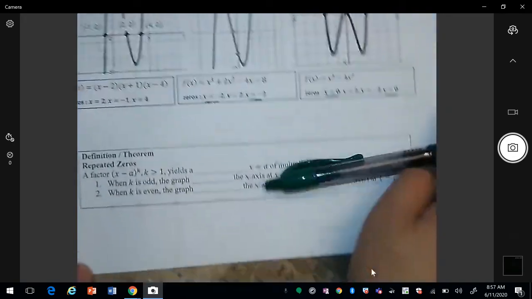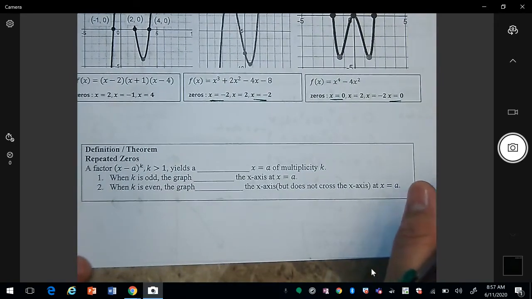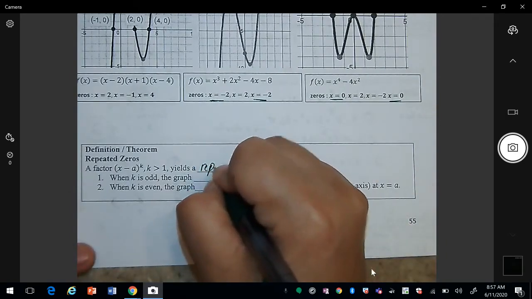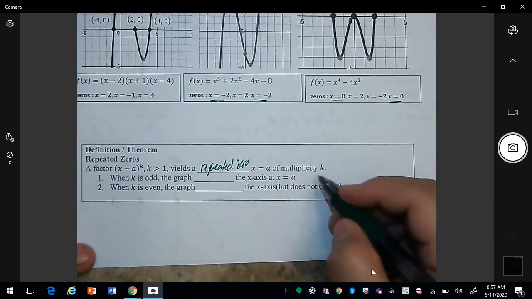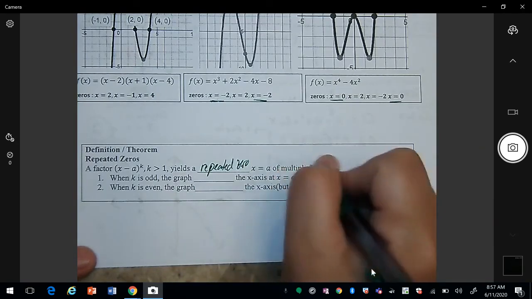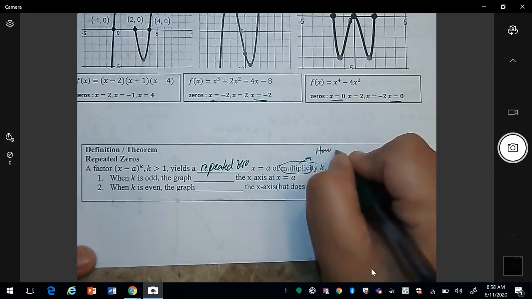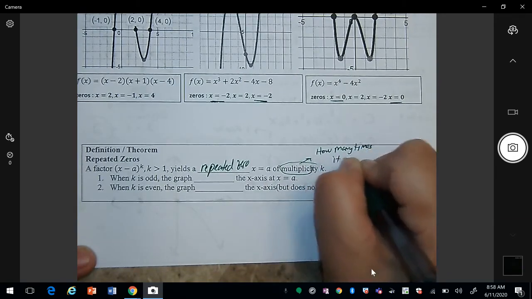So let's look at the definition. A factor x minus a raised to the k, with k greater than 1, yields a repeated 0, x equals a, and we say it has multiplicity k. Multiplicity just means how many times it repeats itself.